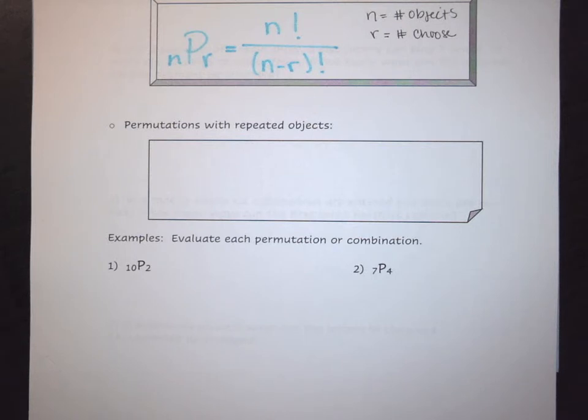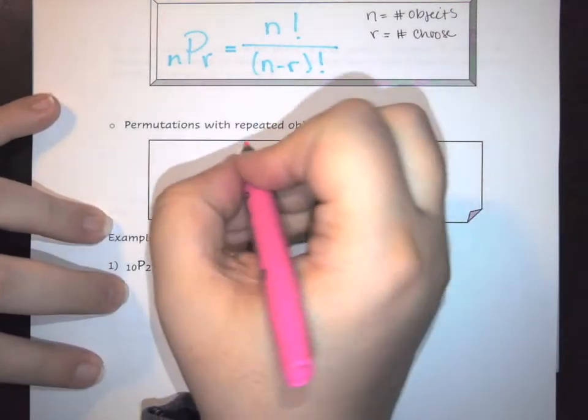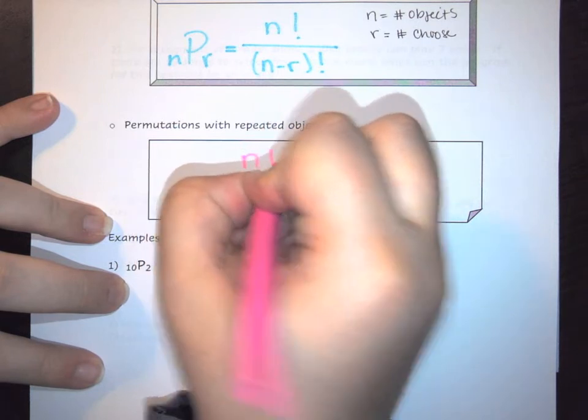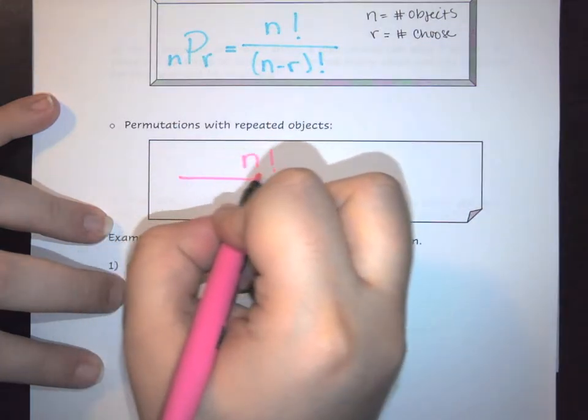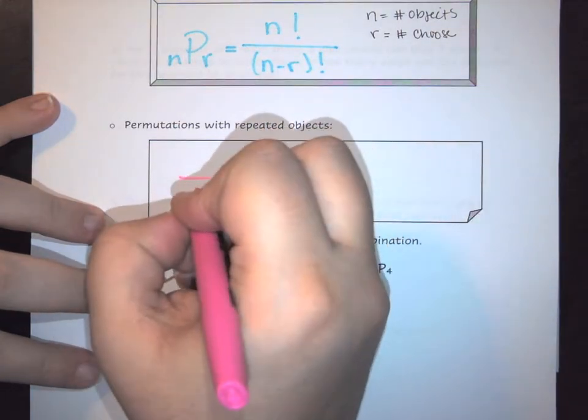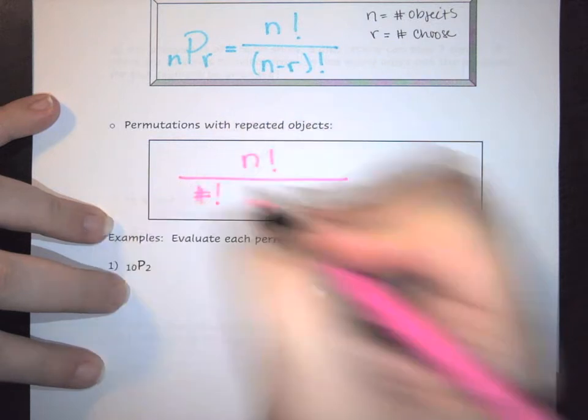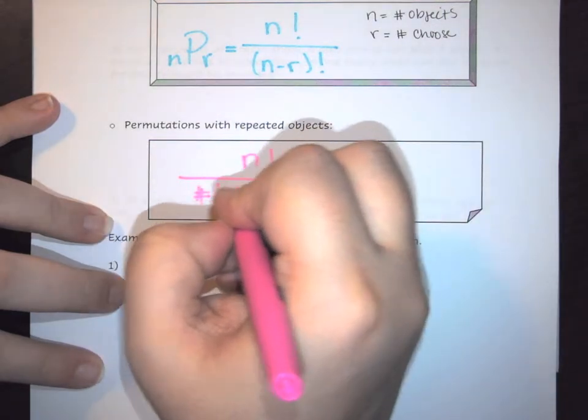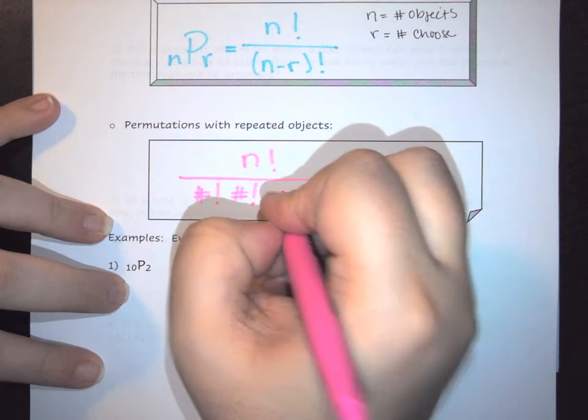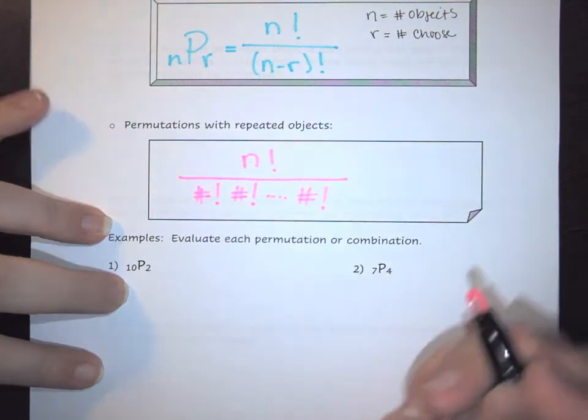So a permutation with a repeated object is essentially going to be n factorial on the top, and then on the bottom is going to be the number that you have in its factorial times however many of them that you have.